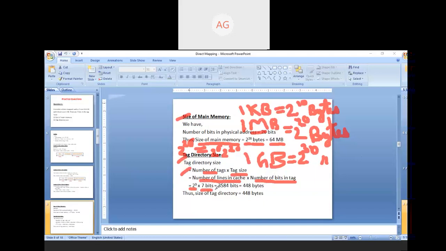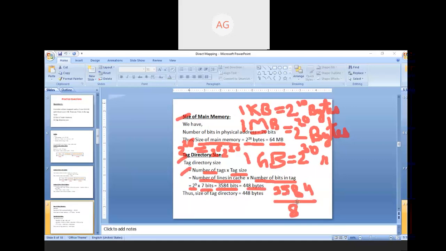So 2 to the power 9 is 512. We need to multiply 512 by 7, so we get 3584 bits. We need to convert it into bytes, so we divide 3584 by 8 in order to get the answer in bytes.